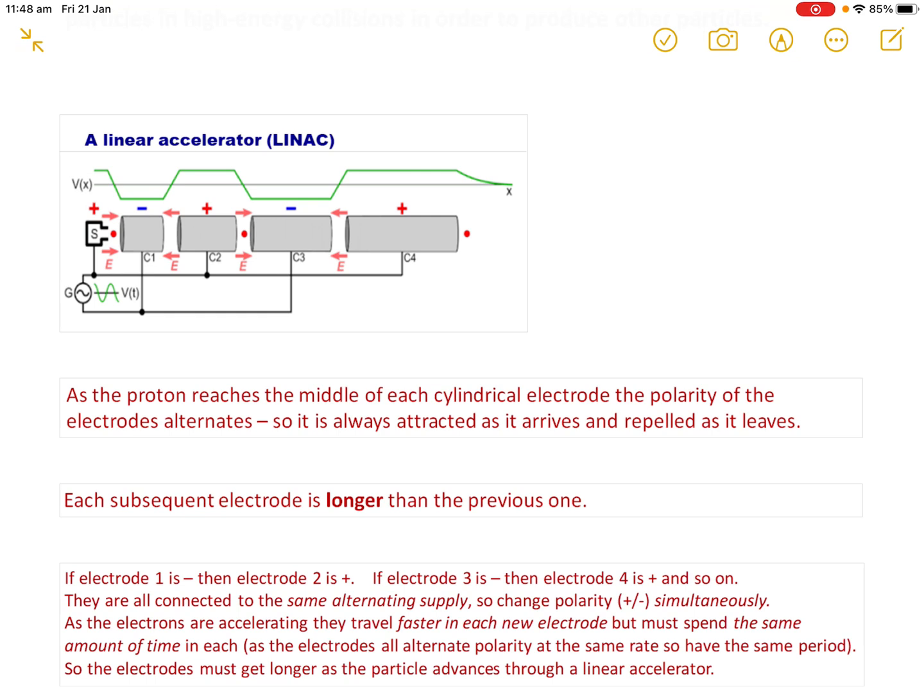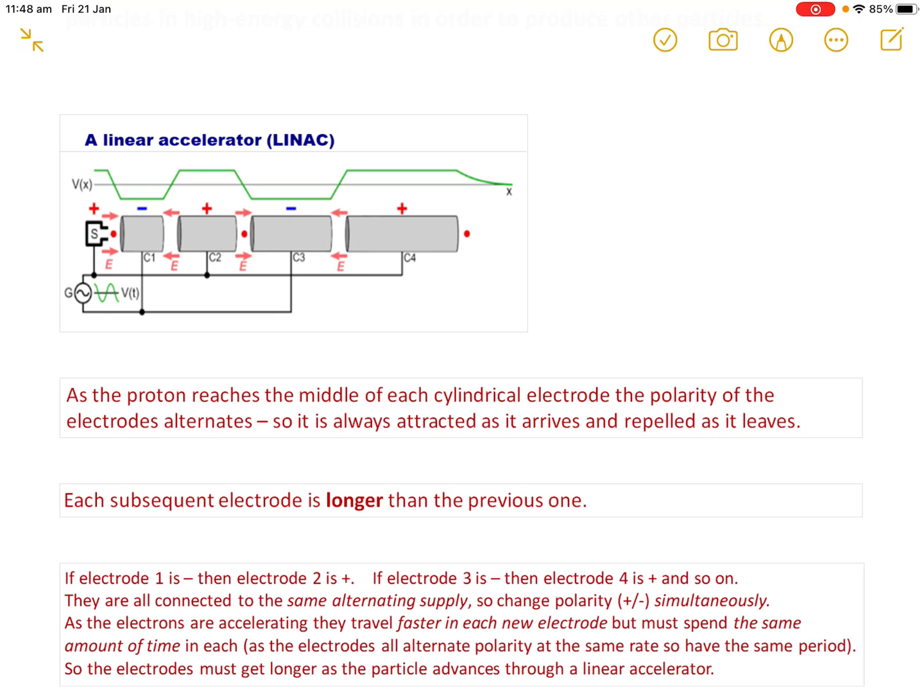Now, that's important because if you go back to the diagram now, when that proton is attracted across to the negative cylinder 1, that's fine, it's going to be speeding up. But as it gets halfway and it's now beginning to leave cylinder 1, because cylinder 1 is negative, that's actually going to attract the proton back again from whence it came.